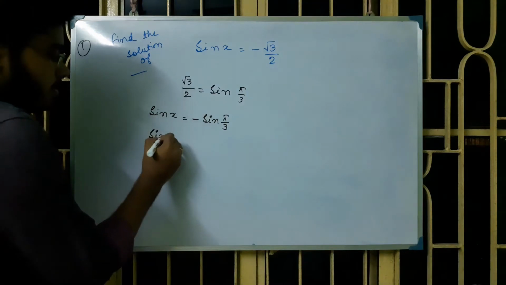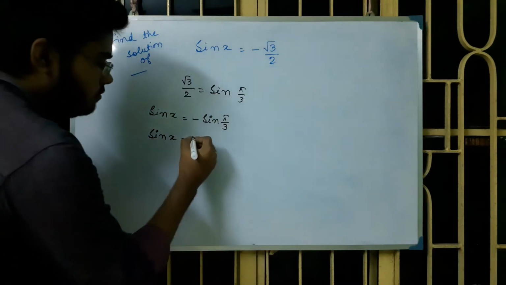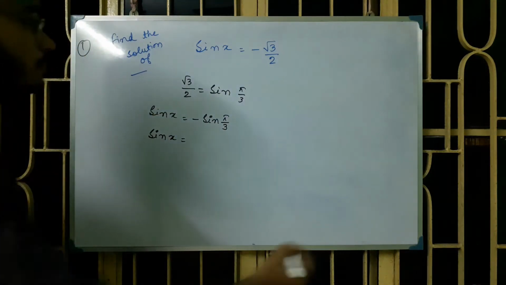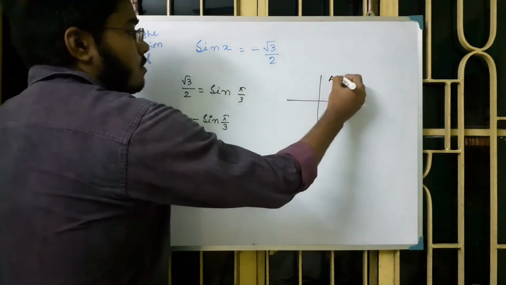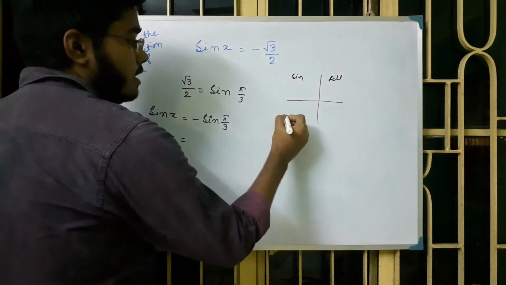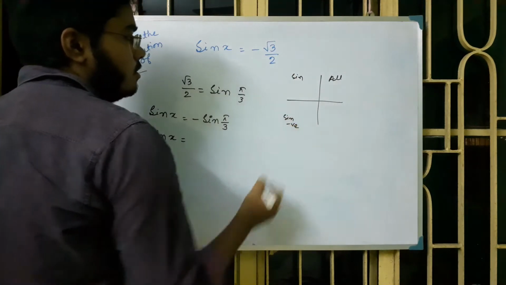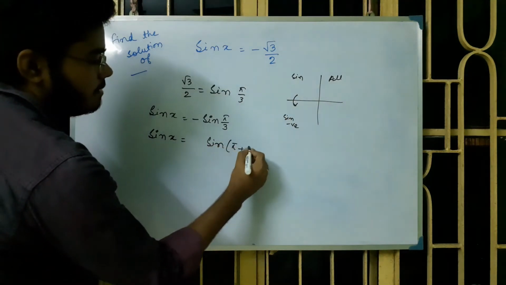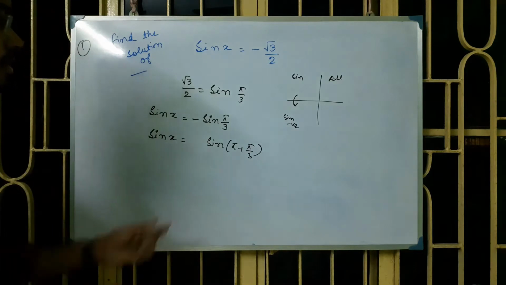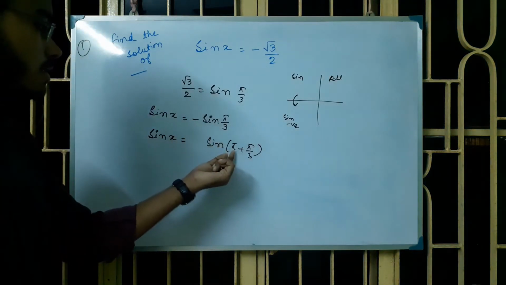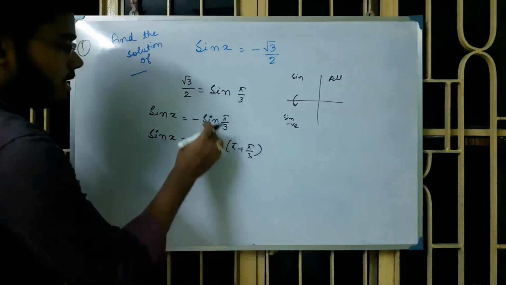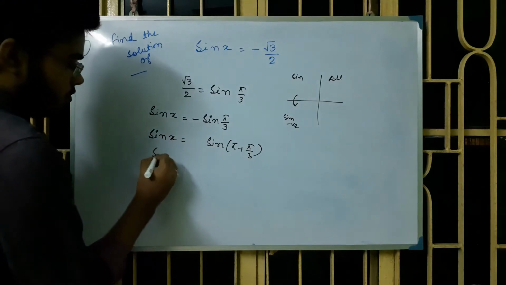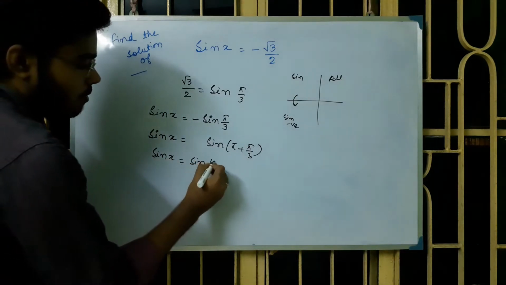Here in the quadrants, all are positive in the first, sine is positive in the second, and sine is negative in the third. If we move pi plus pi by 3, the minus sign will appear. Sin pi plus pi by 3 is a multiple of pi, so it stays sin pi by 3, and it is in the third quadrant, so it is minus. So sin x equal to sin 4 pi upon 3.